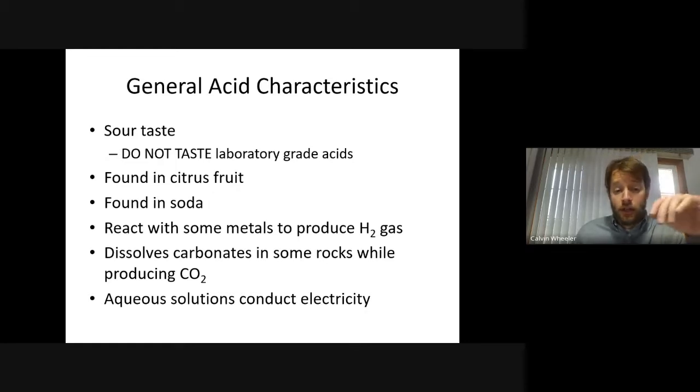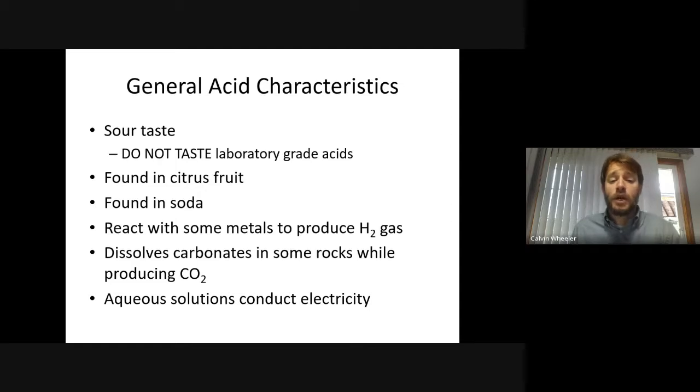So acids, like I just mentioned, are found in citrus fruit. And we'll actually find acids in soda. I wouldn't consider soda sour, but soda has a very slight sour taste to it if you think about it. And what that is, they add phosphoric acid for the taste of the soda. So that is an acid found in soda.